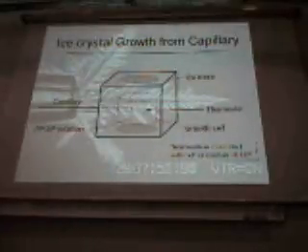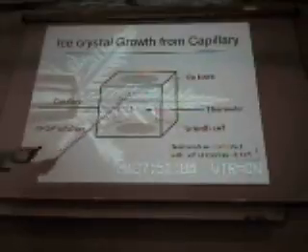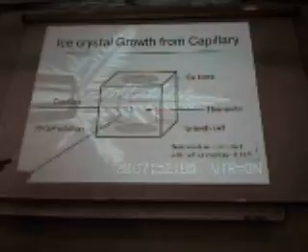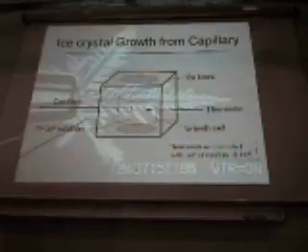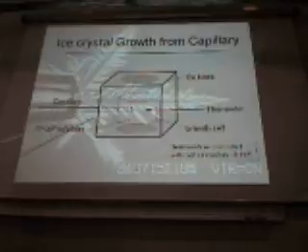And this is our experimental apparatus. This is a free growth in bulk solution. We prepare a very small growth cell, and this growth cell is filled with AFGP solution. Then this is a glass capillary, which is inserted into the growth cell.